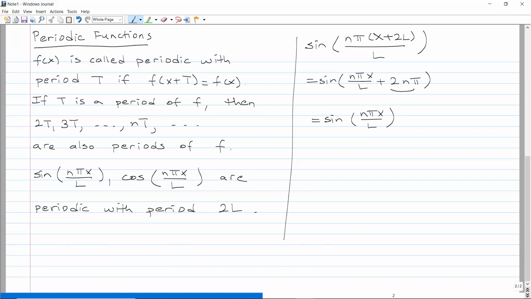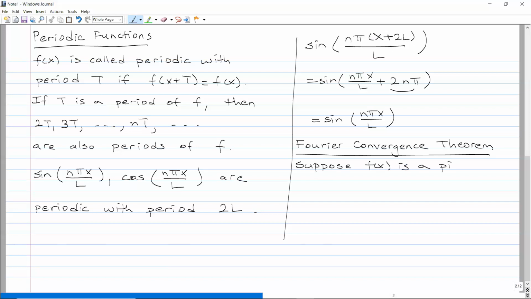So we have this theorem called the Fourier Convergence Theorem. Suppose f of x is a piecewise continuous function. You know the definition of piecewise continuous. When we consider Laplace transforms, we consider piecewise continuous functions.